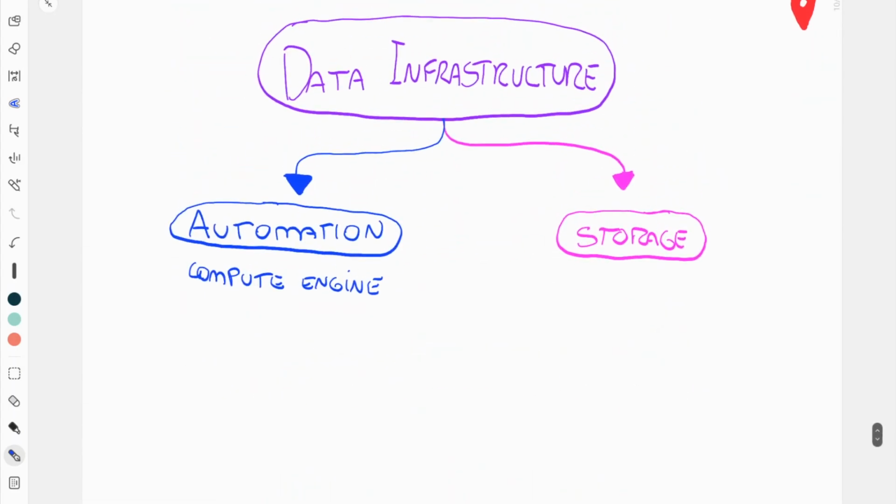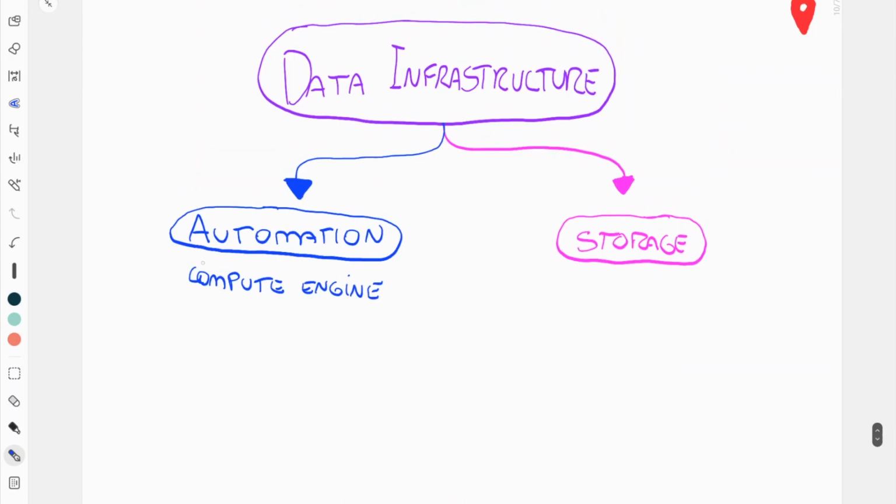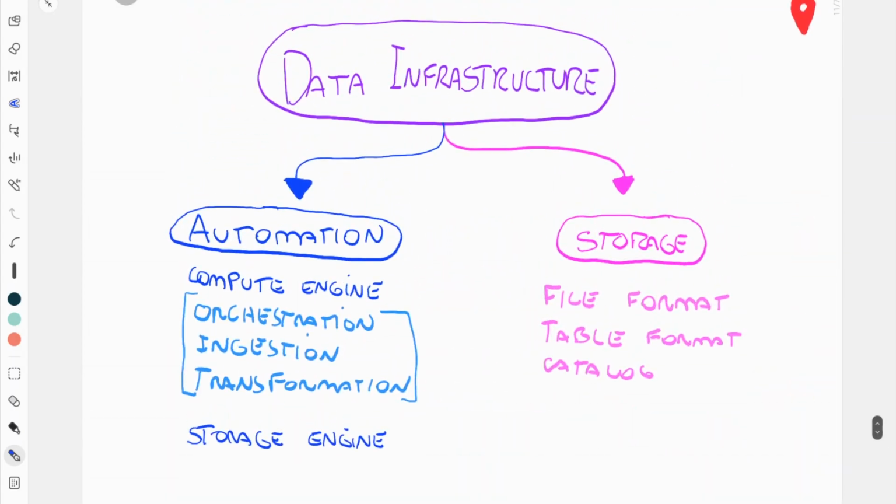But going back to the concept, on the automation side, we have compute engines: orchestration, ingestion, transformation. All of this is considered the automation part of data infrastructure. And we also have the storage engine, because the storage engine is basically an engine that will automate some transactions made in stored data.